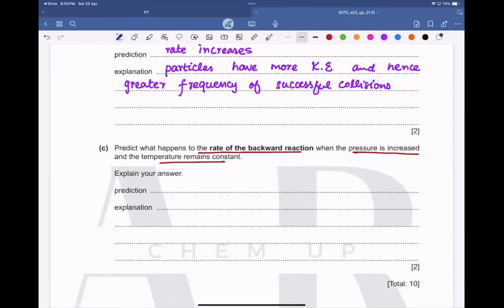We are increasing the pressure, right? We are letting the particles be closer to each other. That's how the pressure can be increased. So if the particles get closer, then obviously their frequency of collision would increase and the rate of reaction would increase.